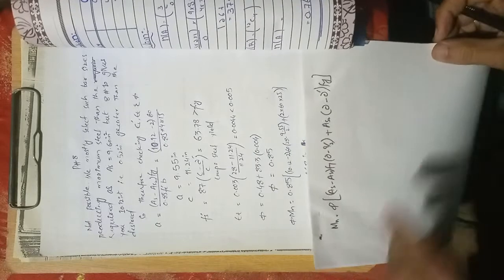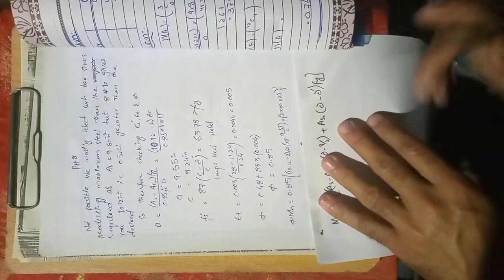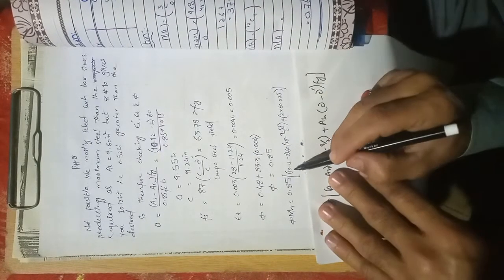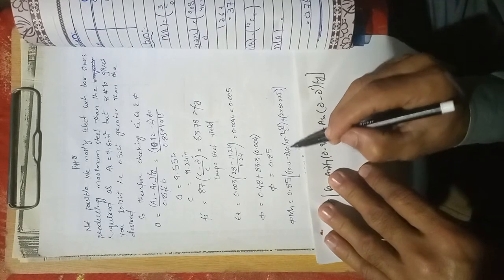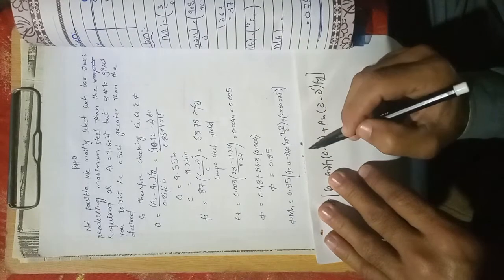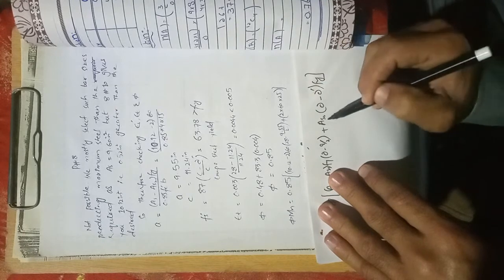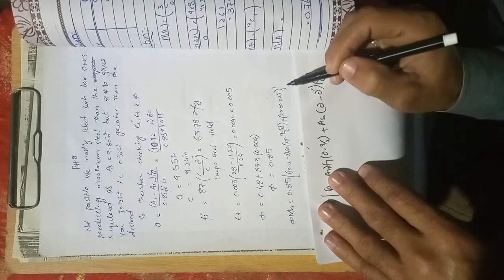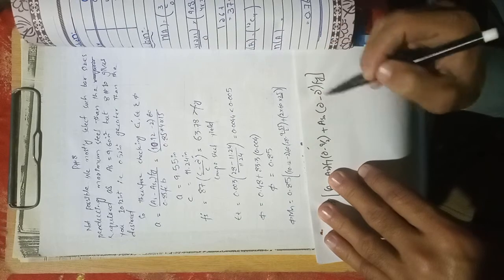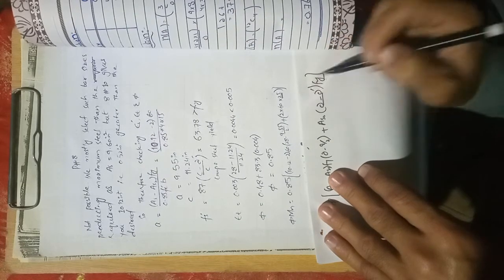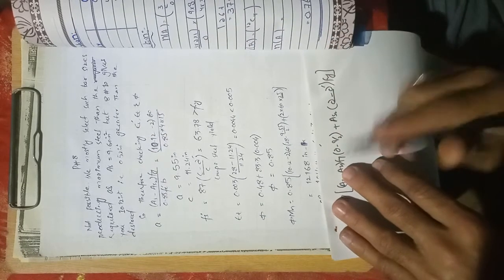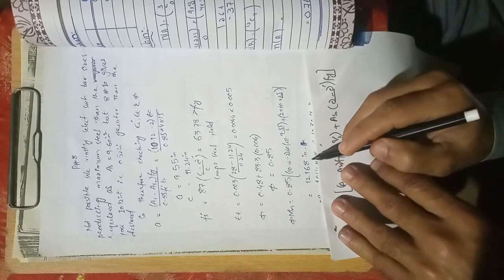This is the equation. So here we have (As minus As2) into fy into (d minus a over 2) plus As2 into (d minus d prime), where d minus d prime is 25 and fy is 60. So the moment capacity is 12168 inch-kip.